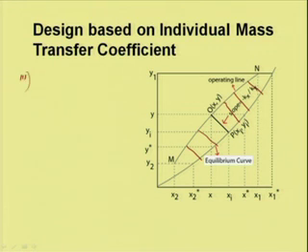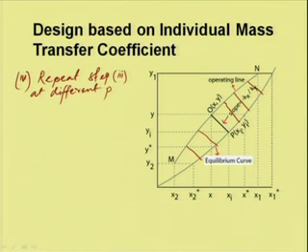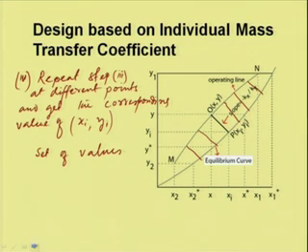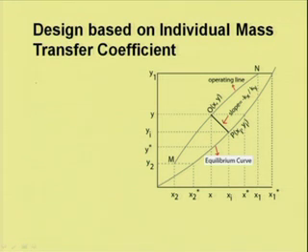So, repeat step 3 at different points and get the corresponding values of x I, y I. Then we have a set of values, and then we can calculate at each point G is equal to G s into (1 plus Y).